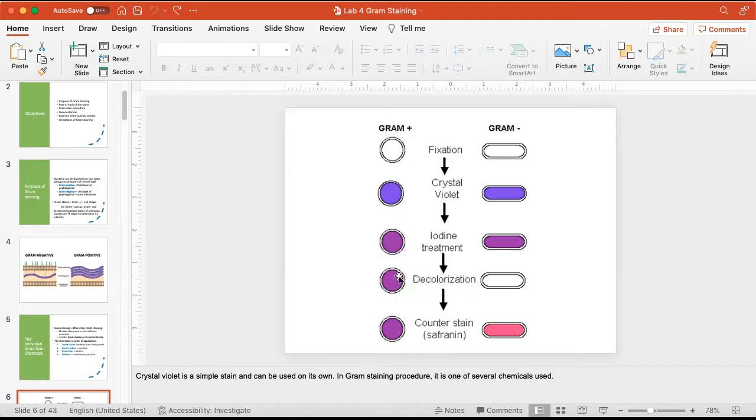Some of the crystal violet will leave the gram-positive cell, but because the cell wall is so thick in gram-positive cells, a lot of the crystal violet will remain. So the gram-positive cell, after decolorization, is still purple. The gram-negative cell is unstained.